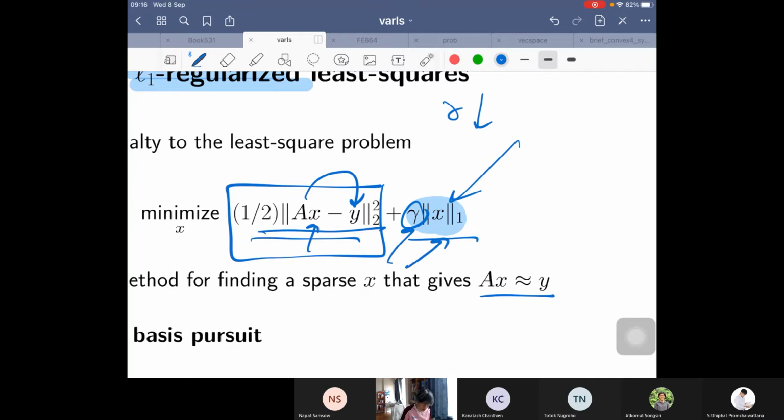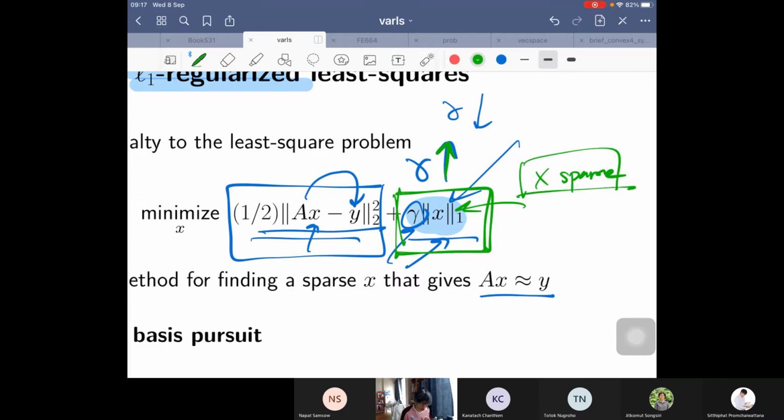But if you put gamma to be very big, it means I want to penalize the one norm of x more. In that case, my x will be very sparse, because you put more penalty with gamma.